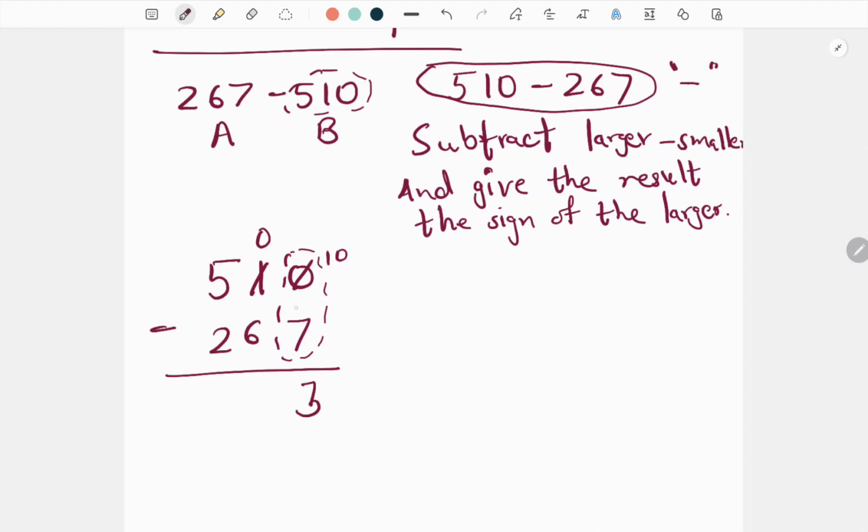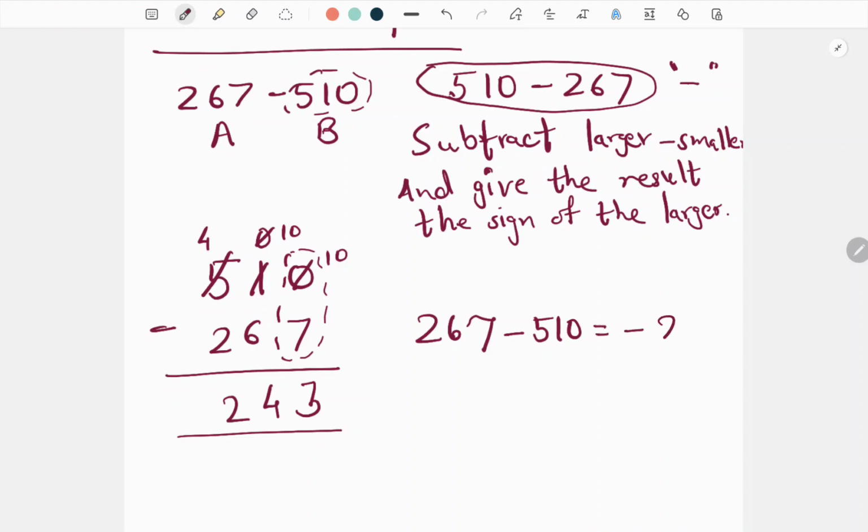Now 0 minus 6 is again not possible, so this 5 becomes 4, this 0 becomes 10. 10 minus 6 is 4, and 4 minus 2 is 2. So this is 243, and we have to remember to give the sign of the larger number, which was 510 and had a negative sign. So 267 minus 510 is equal to minus 243.